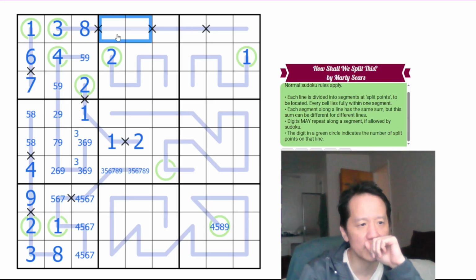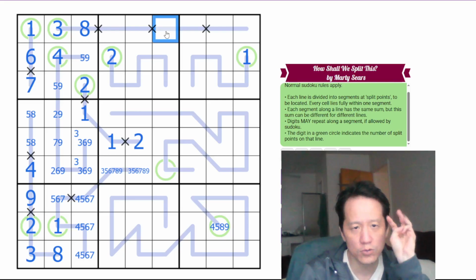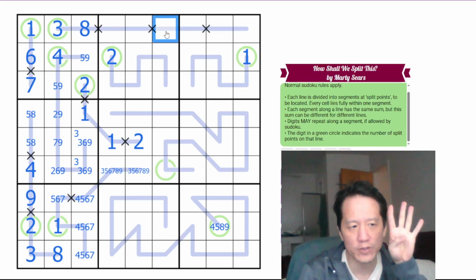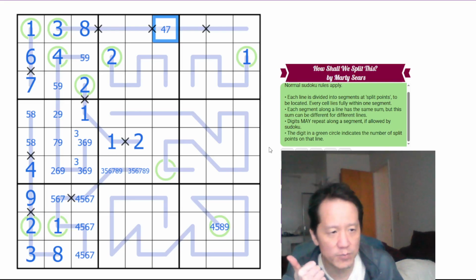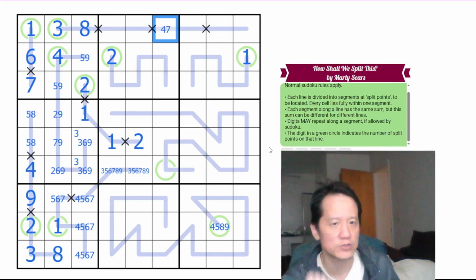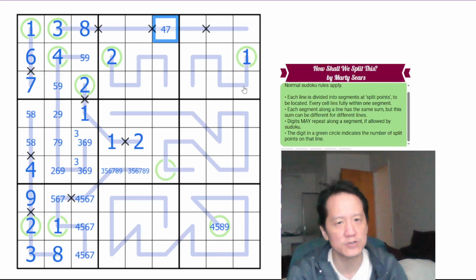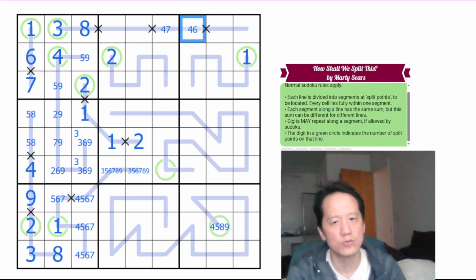This is 11. 11 plus 1, 4, or 7 would give you a sum that's divisible by 3 here. So this has to be 4 or 7 then, right? If you have 11 plus 4, that's 15, which is divisible by 3. 11 plus 7 is 18, which is also divisible by 3. And everything else doesn't work. So this has to be 4 or 7.